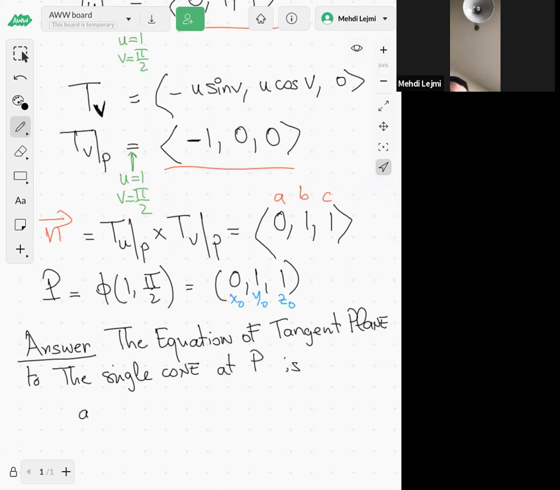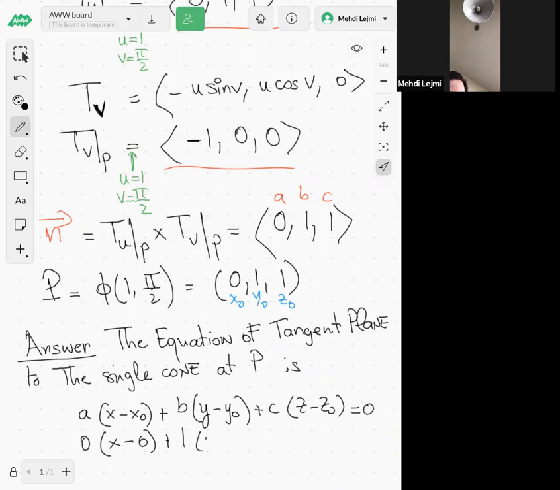It's a times x minus x0, plus b times y minus y0, plus c times z minus z0 equal to 0. So in our case, a is 0, so x minus x0 drops out, plus b is 1 times y minus y0, which is y minus 1, plus c is 1 times z minus z0, where z0 is 1 too. Okay, is equal to 0.